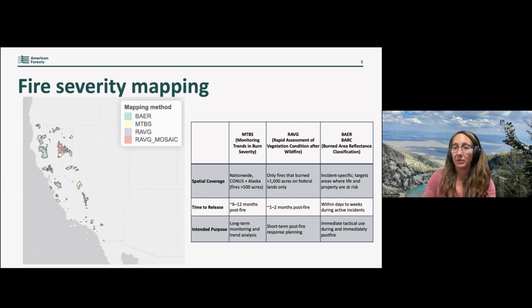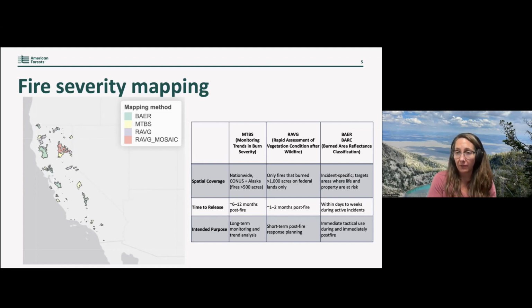So if we have a really large fire that has burned on mostly private non-industrial lands, then GTAC, which is actually the organization that maps it, is not going to create these RAVG products because it's not sufficiently covering the federal lands that they are focused on.